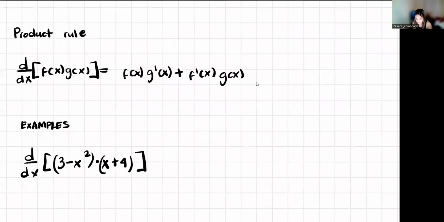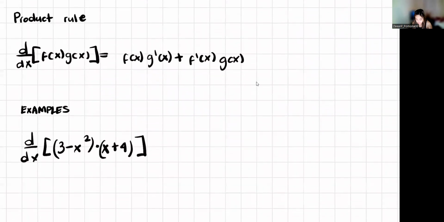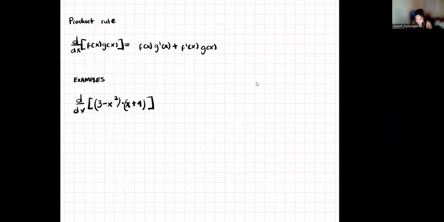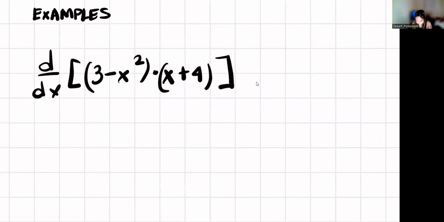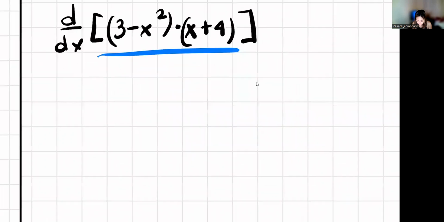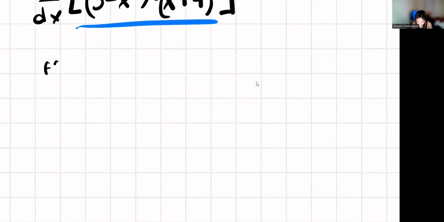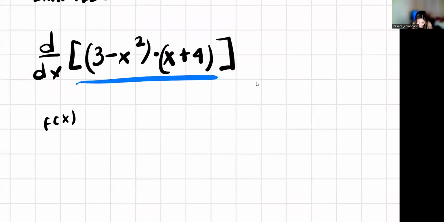Okay, product rule. So product rule is extremely interesting. You would have to have this equation, and you would do the following. You would divide it into these. So let's say this is f of x and this is g of x.